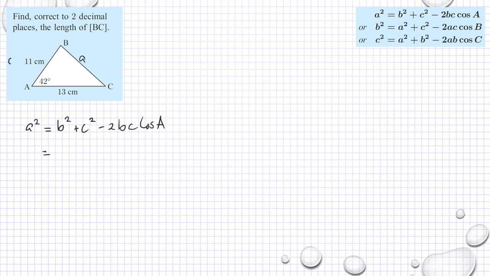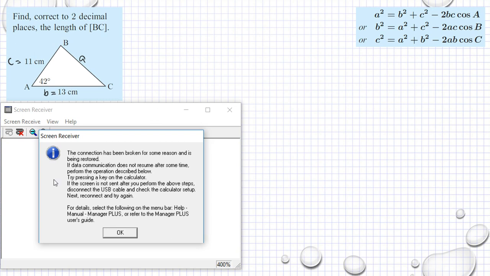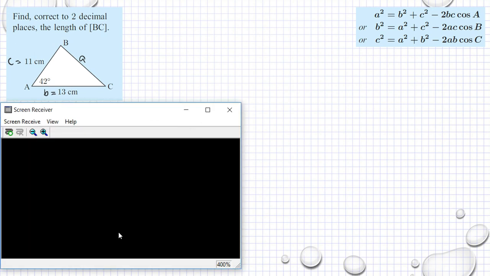If this is your C and this is your B, so we have 13 squared plus 11 squared minus 2 times 13 times 11 times cosine 42 degrees. Okay, and then your calculator will be of great help.